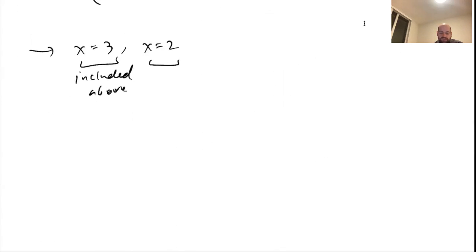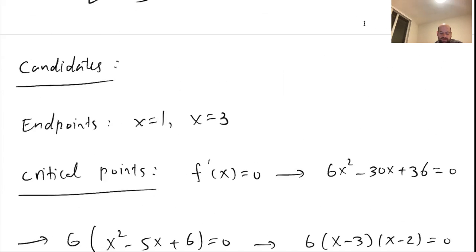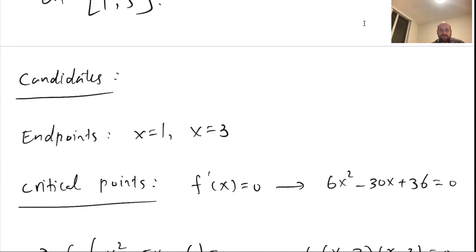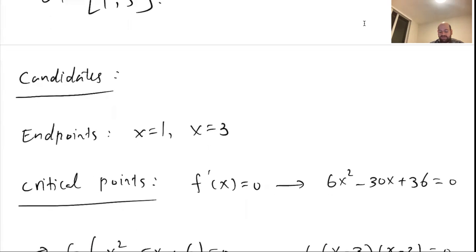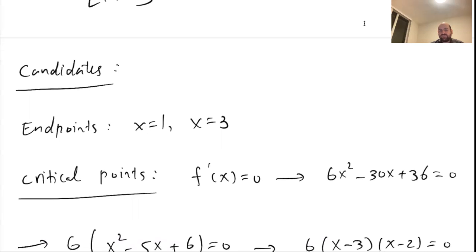So please note that step 2, where you find critical points, is basically 2 steps: endpoints, just look at the interval, and critical points. For step 2, which is finding critical points, you have to only include critical points inside the domain. If for example I had 5 as another critical point.